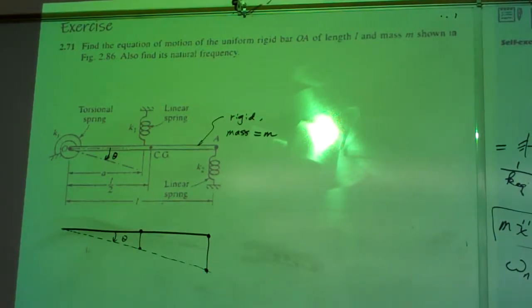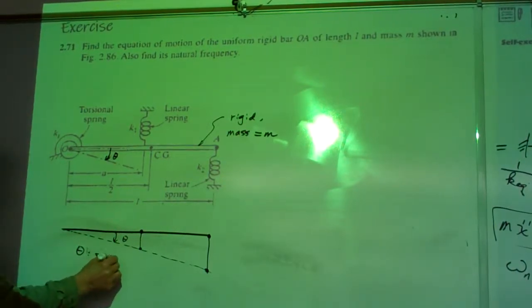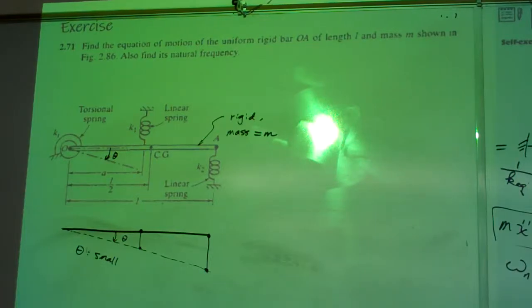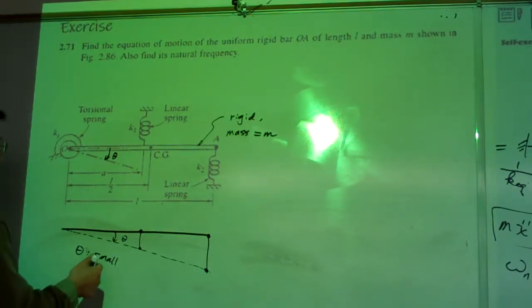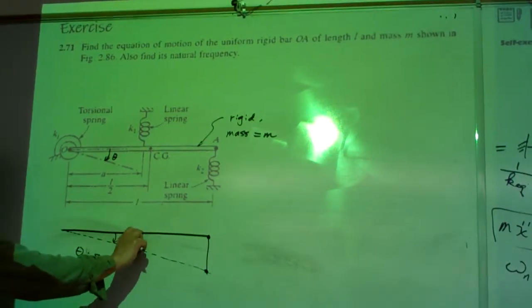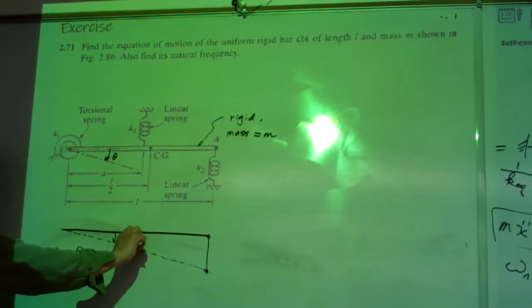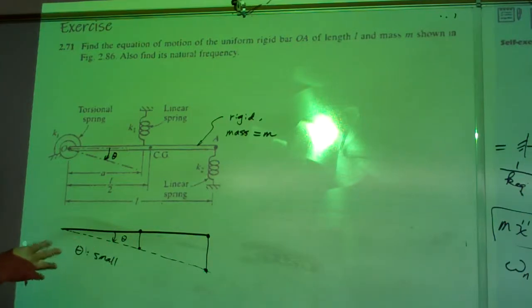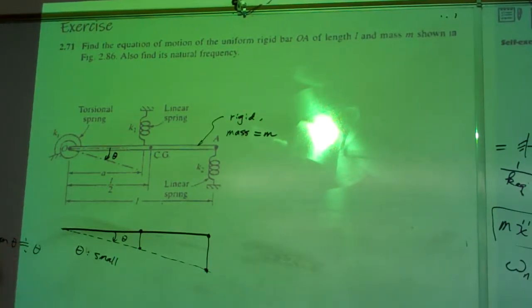Here we assume theta is very, very small. In reality, if you want to calculate this, you should take the tangent or sine, whatever. But for a small angle, tangent theta is equal to theta, or sine theta is almost equal to theta.